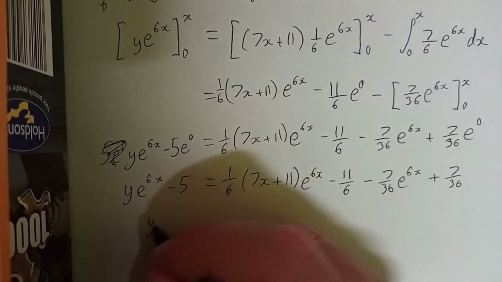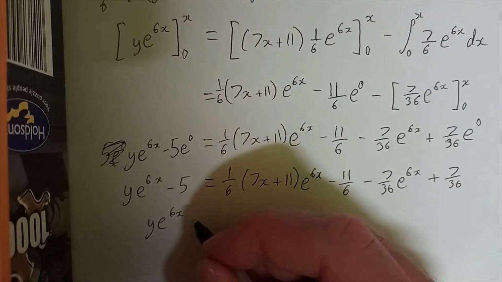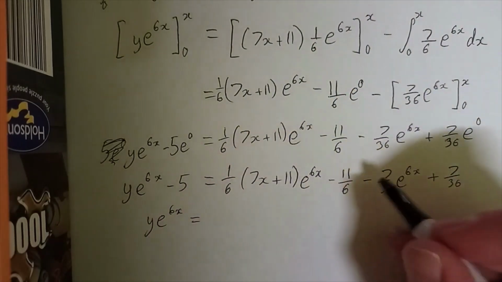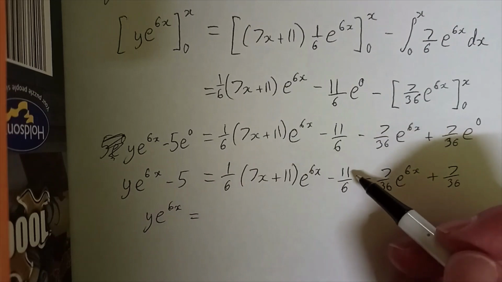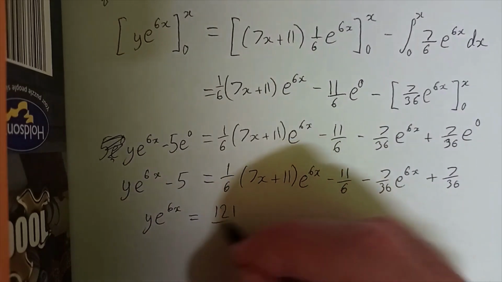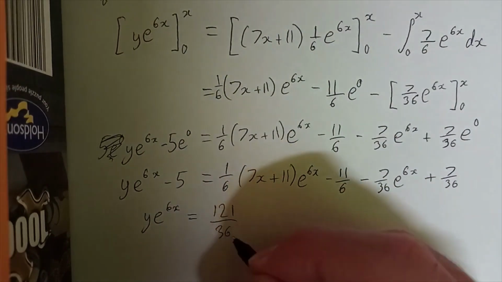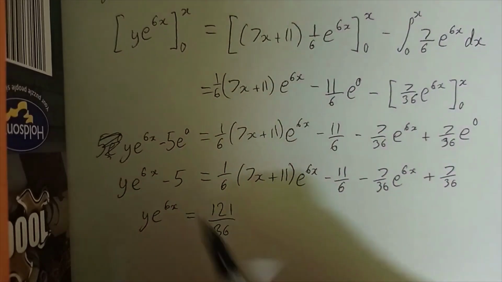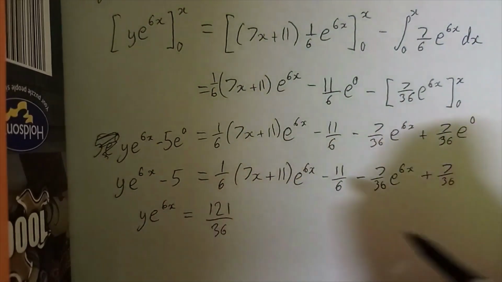So that will give us y e to the 6x equals, and then that 5 minus 11 over 6 plus 7 over 36 will give us 121 over 36 when we add them all together, these three constants.